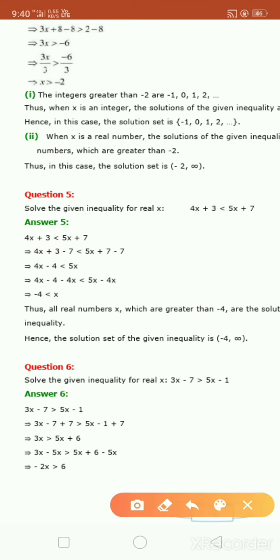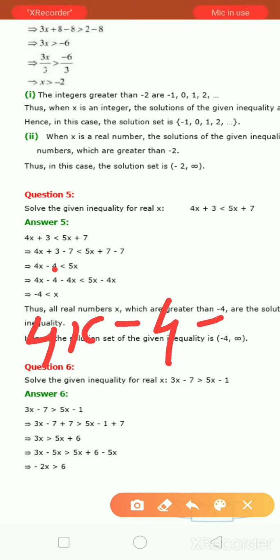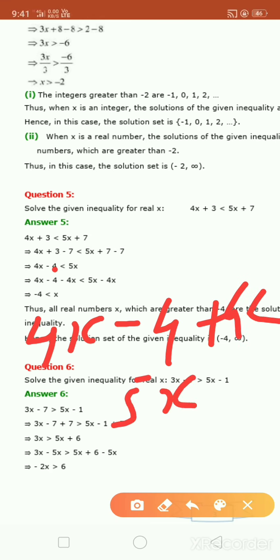If you add minus 4 plus 4 here, you will get 4x. If you remove minus 4 plus 4, it is less than 5x plus 4.